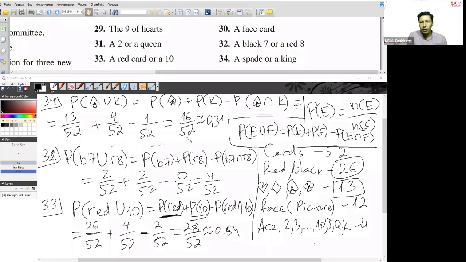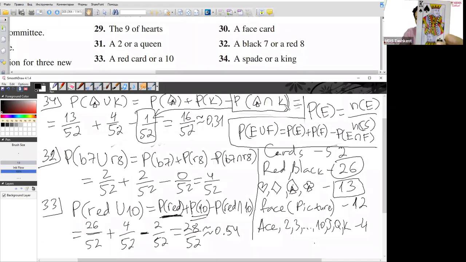Why 1 out of, you mean this one? Okay, it came from this. Here, that is king and spade. Do we have such a card which is king and spade at the same time? Yes, we have only 1 card, king and also spade.